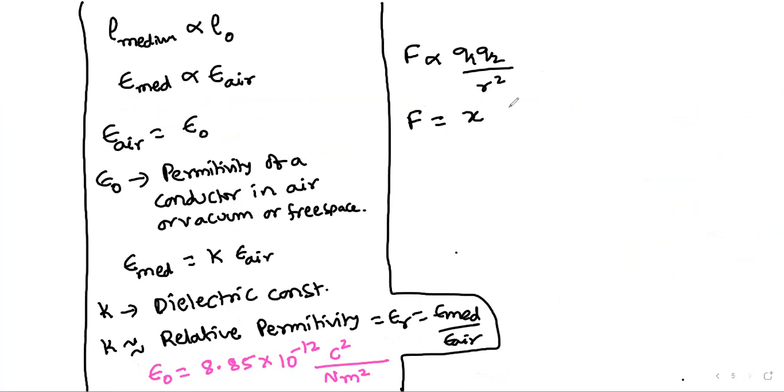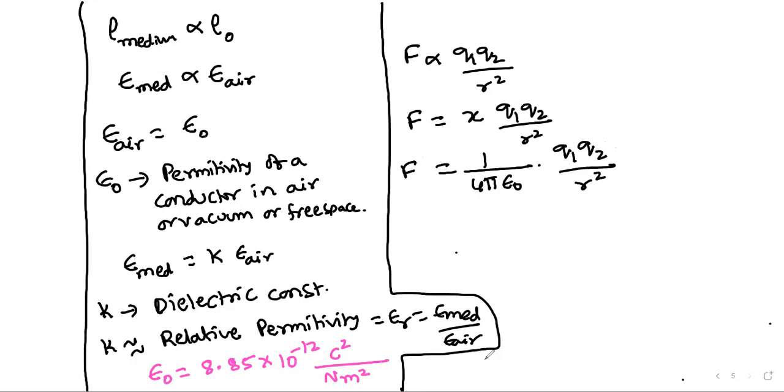I'll keep it as x times Q1 Q2 by R square. This x must be in the form of epsilon naught. To make it an integer value, I multiply with 4 pi and take the reciprocal: 1 by 4 pi epsilon naught times Q1 Q2 by R square. That is our Coulomb's law.